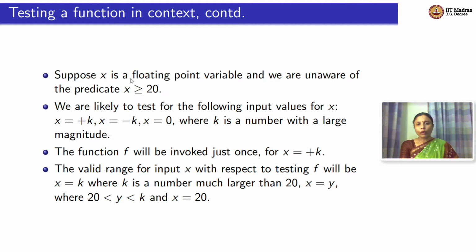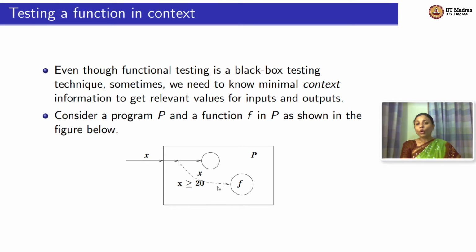We know that x is a floating point number. We are doing black box testing. So we will design test cases. Let's say we'll take a large number k and then we'll say x is assigned plus k, x is assigned minus k, and x is assigned 0. A positive number, negative number, and 0, and maybe test the program P. Our goal was actually to test f, and f was reachable only when x is greater than or equal to 20.